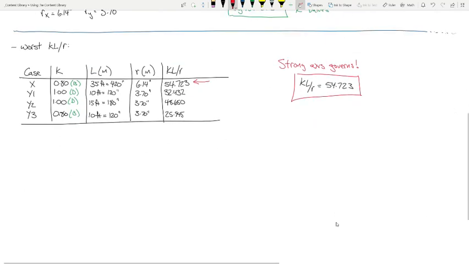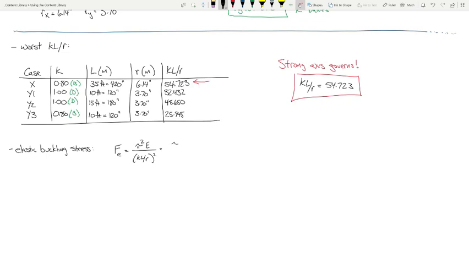Now, once you get KL over R, the next thing to do is compute the capacity. Now, a lot of this I think you could probably walk through with me because of the homework last night. So, the next thing we need to compute is the elastic buckling stress, which is pi squared E divided by the slenderness squared.